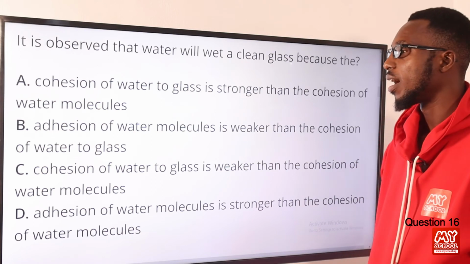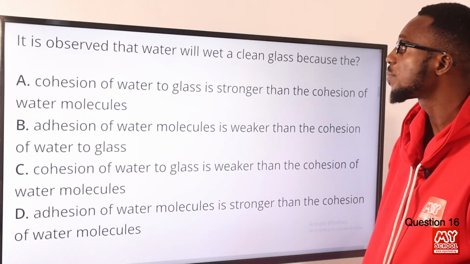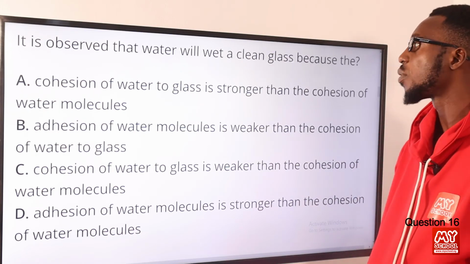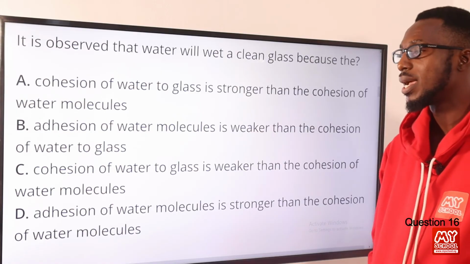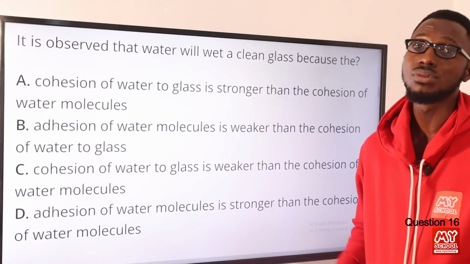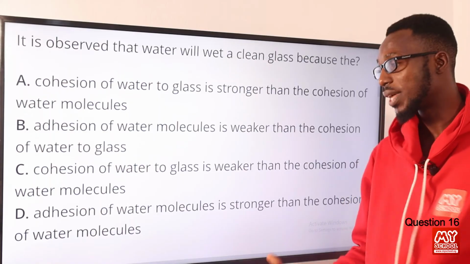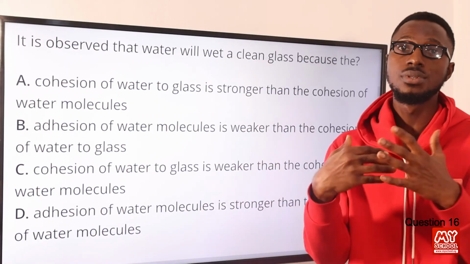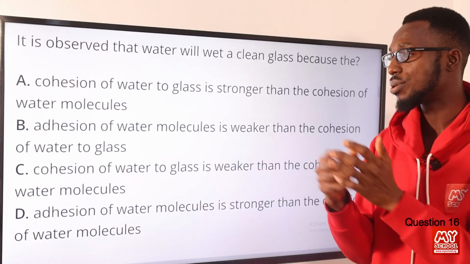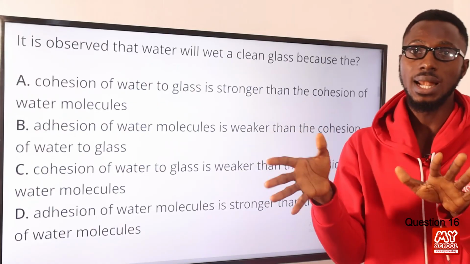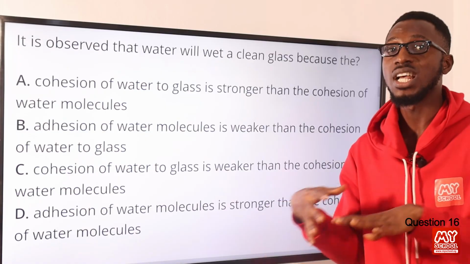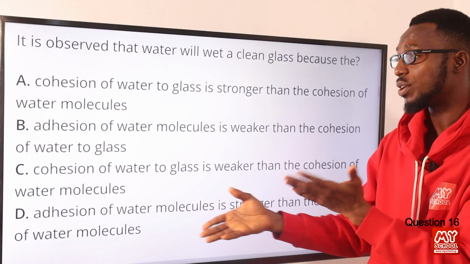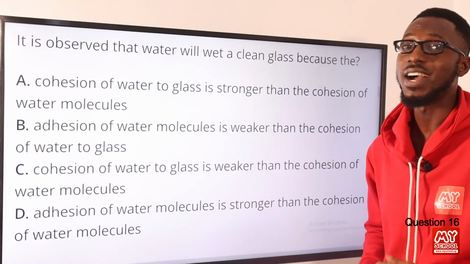So in this presentation, it is observed that water will wet a clean glass because the adhesion of water molecules to the glass is stronger than the cohesion of water molecules to themselves. So the adhesion between water and the glass is greater than what you have between water and water molecules. So that's what we have in option D. So option D is a valid option.